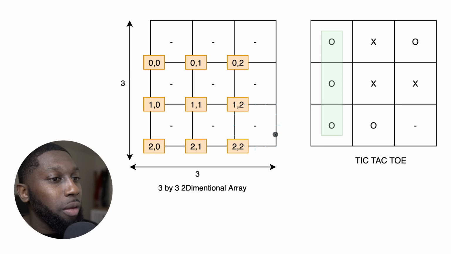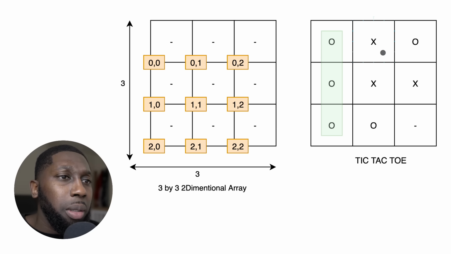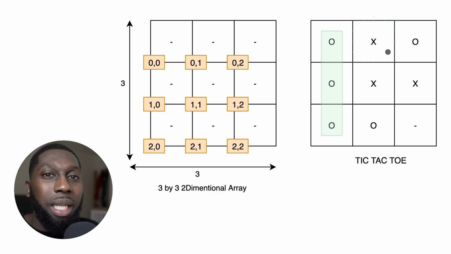And the same for the rest. Now, let's say that you want to build a tic-tac-toe game, for example. 2D arrays are the perfect scenario. Or maybe Minesweeper, I think that's the name, also uses 2D arrays, and a bunch of other games that you can build with 2D arrays.